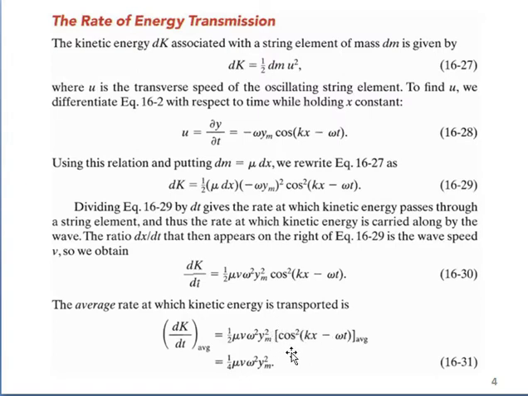This average of cos square (kx minus omega t) gives you 1 over 2. So 1 over 2 multiplied by this 1 over 2 is equal to 1 over 4 mu v omega square ym square. I will show at the end of the lecture how the average of cos square (kx minus omega t) is equal to 1 over 2. So this is the relation for the rate of transport of kinetic energy.